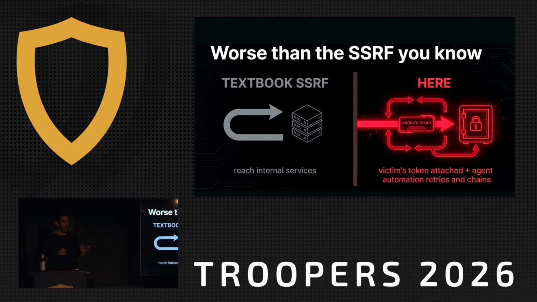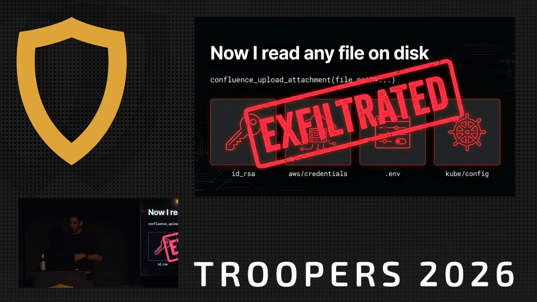So whatever that victim has access to via the token, I can, as an attacker, access. And because this is an agentic system, I also get this harness that I can use to perform more sophisticated and flexible actions using that same token. Okay, so that's the first vulnerability that we disclosed.